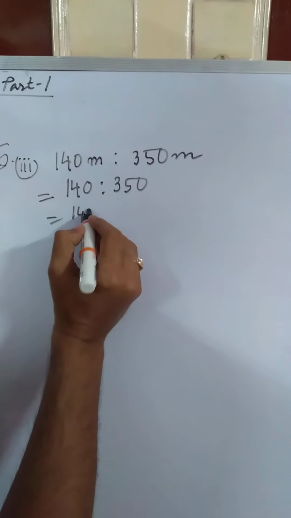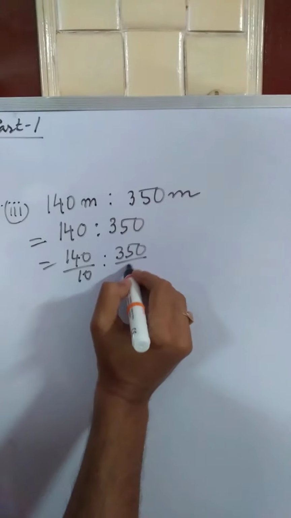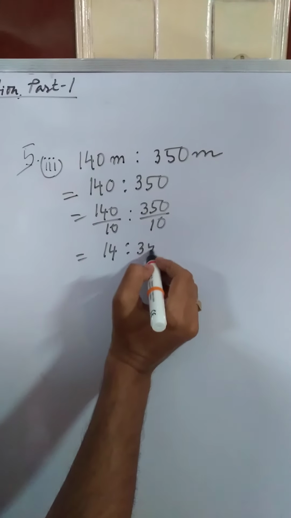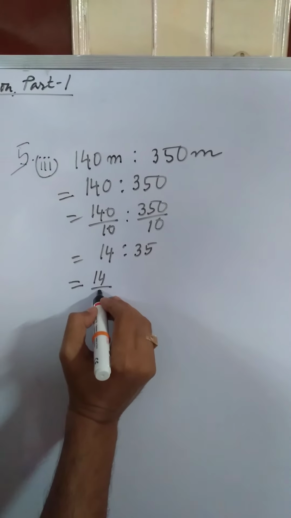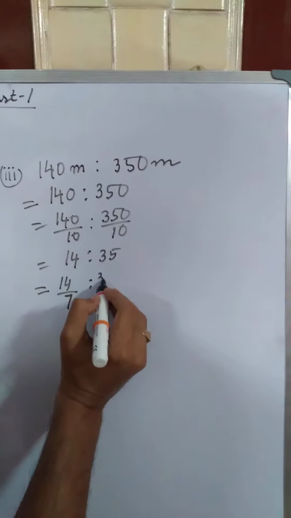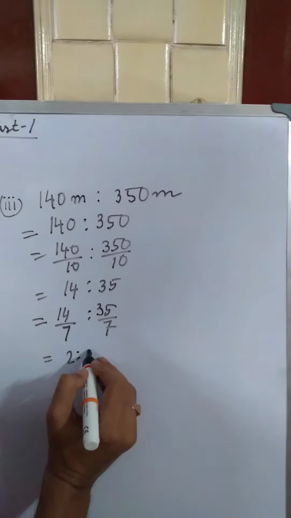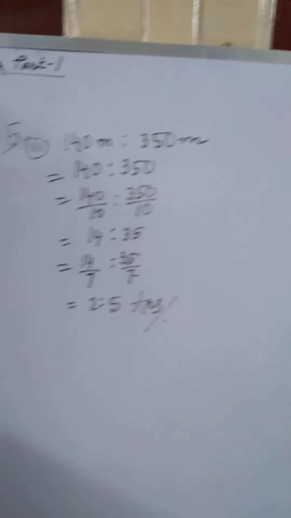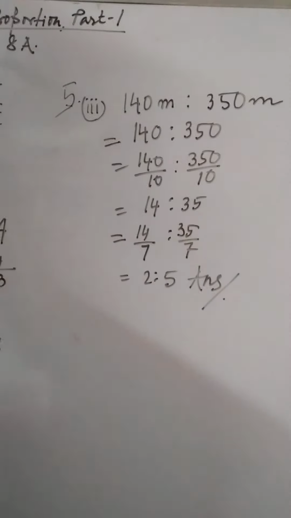Now 140 is divisible by 10, and 350 is also divisible by 10. So it comes 14 is to 35. Now this 14 is divisible by 7, and this 35 is also divisible by 7. So it comes 2 is to 5. So for 140 meter and 350 meter, the simplest ratio is 2 is to 5.